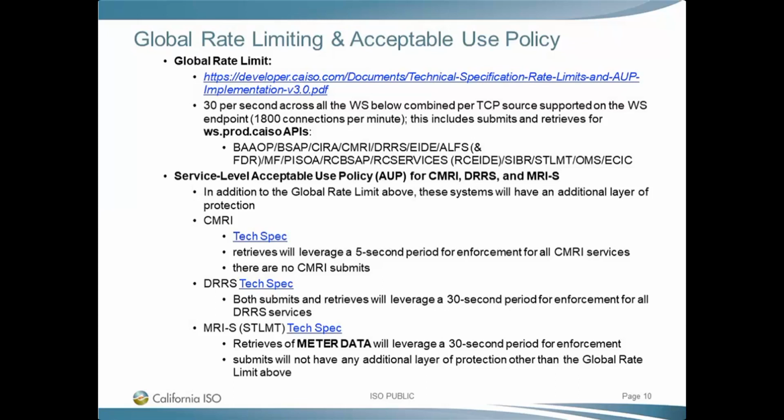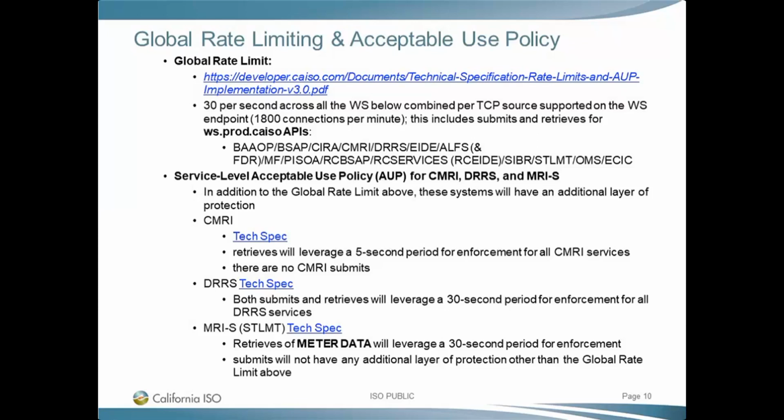Yeah, so you're referring to the global rate limit. The limitation is, again, per TCP source, no more than 30 calls per second combined on those that are listed there.